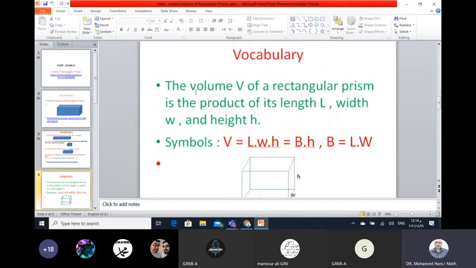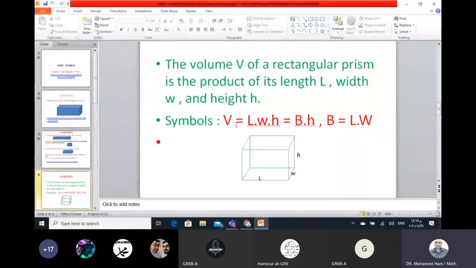The volume, the symbol of volume will be V, of a rectangular prism is the product of its length L times width W times height H. So the formula I can write: V equal L times W times H. This is L, the length, and this is W, the width, and this is the height H.